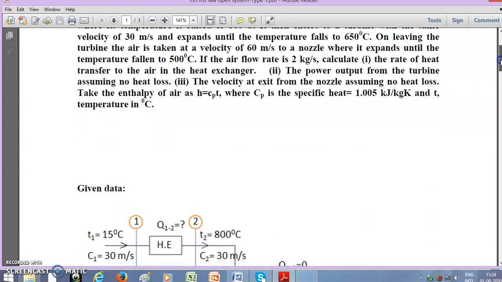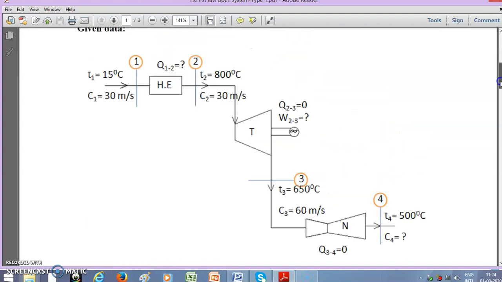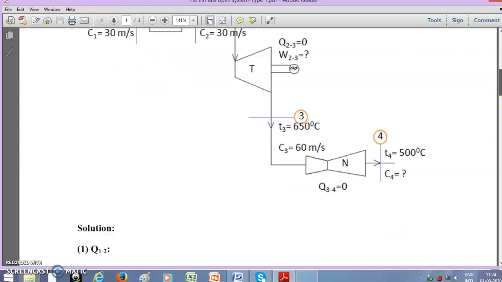Now let's move on to the solution part. I have given the flow chart of the given question, so you can clearly understand by seeing it. For the solution, it's very simple. We have three steady flow systems. We'll take them one by one, apply the steady flow energy equation, and get the answer for the required quantity.